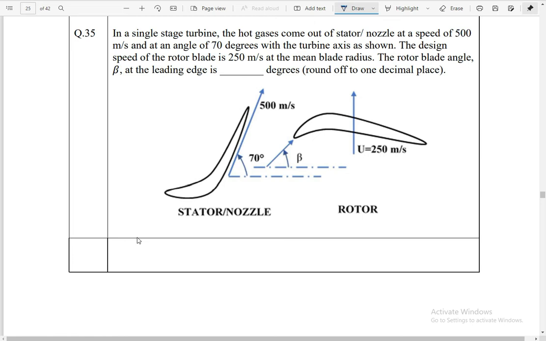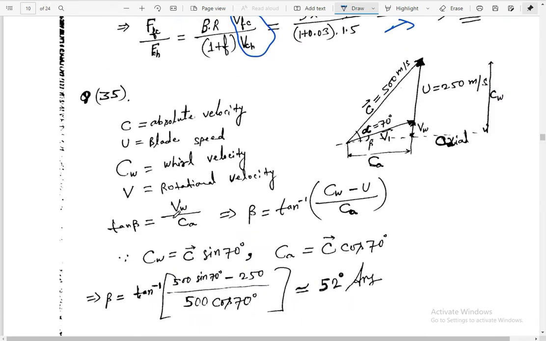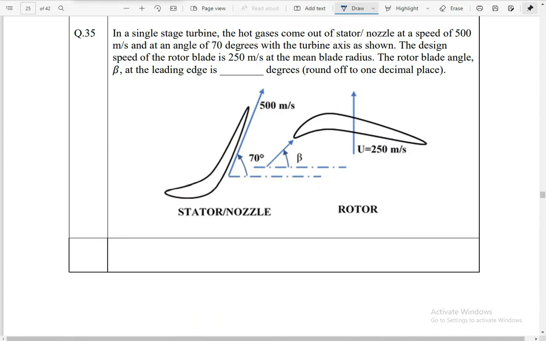If you know how to draw the velocity triangle for a turbine blade or a compressor blade, it is very easy to solve these questions. So according to this equation, you can see this arrow here.